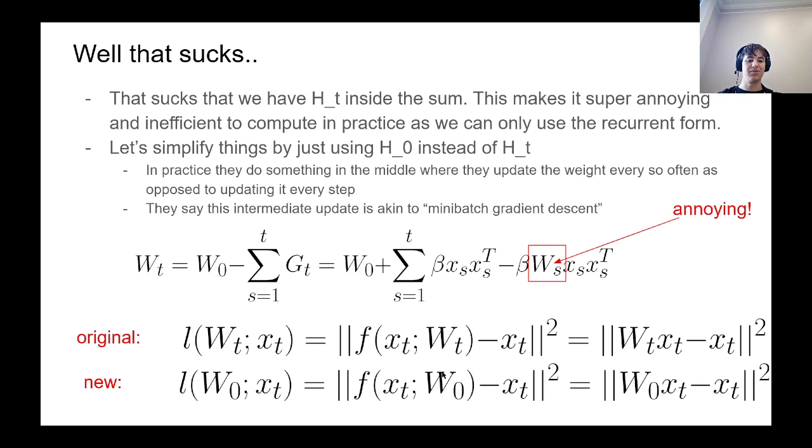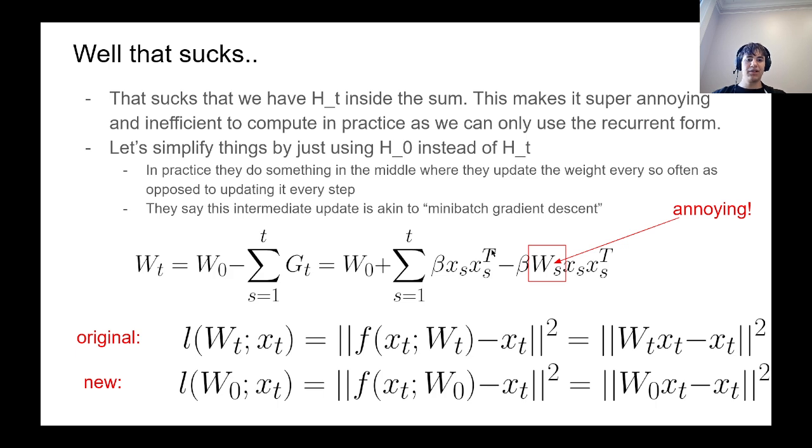What they do is something in the middle: they take a step using what I'm going to derive in a second, and do this incrementally. Instead of incrementally with respect to each token, you do it incrementally with respect to a batch of tokens. It derives a really nice formula, and I'll talk about it once we get there.